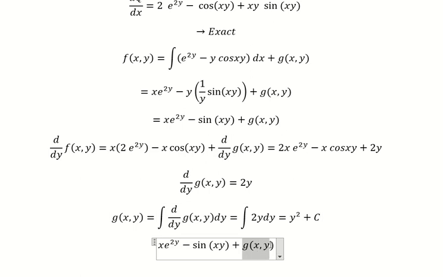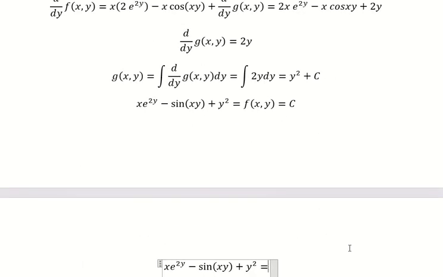And this one we got y squared. And we know that this one equals to this one. We have f(x,y), and f(x,y) equals to c. And now we can simplify. And that is the final answer.